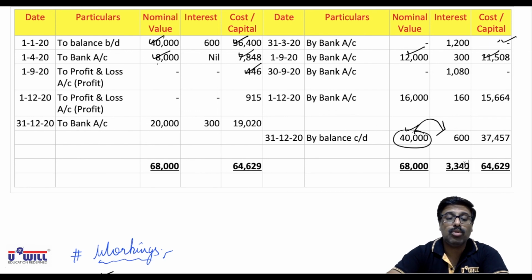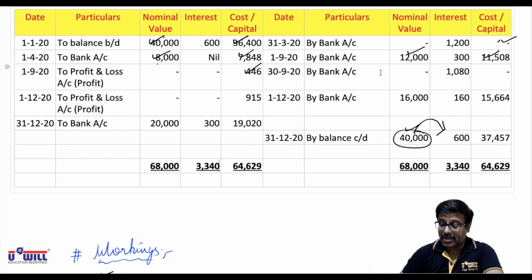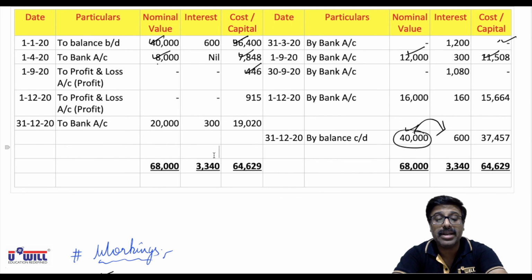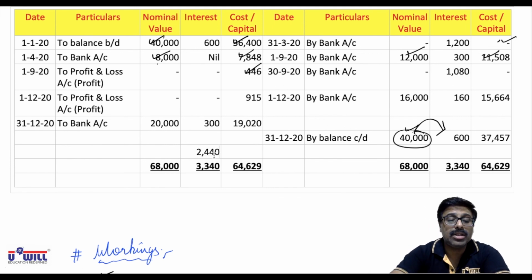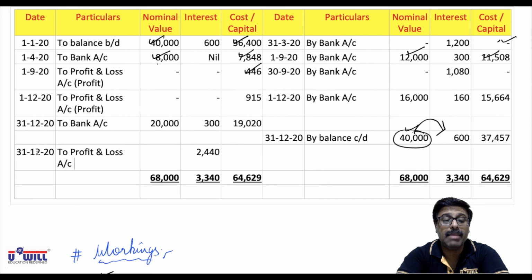Same amount you write on both the sides, 3340. Now from that you minus 600 minus 300, debit side amounts. So 2440 will remain. This 2440 remaining on debit side on 31st December 2020 year ending will transfer it to profit and loss account, in bracket balancing figure.